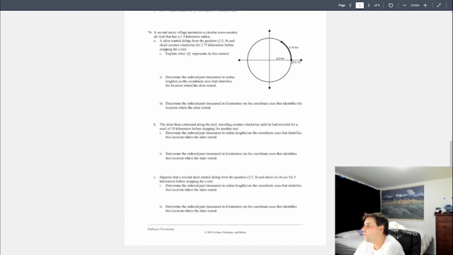Oh, you know what? I might have messed up here. Oh, yeah. I was thinking that I'd just divide 10 by 2.5. Isn't it times 2 pi?